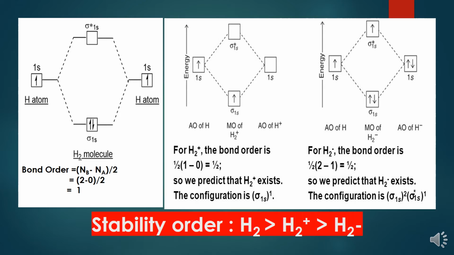By bond order alone, both have equal bond order, so they might be similar in stability, but because of the one electron present in the antibonding orbital of H2 negative, this species is slightly less stable than H2 positive.